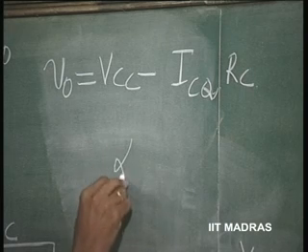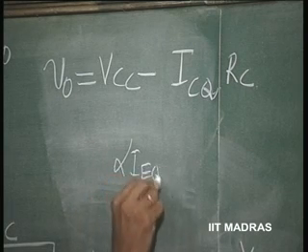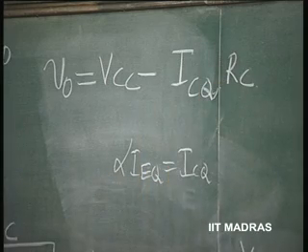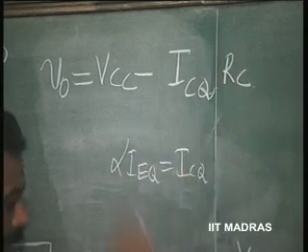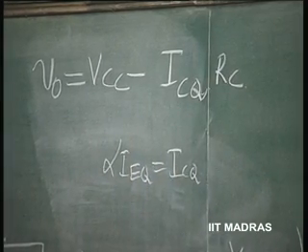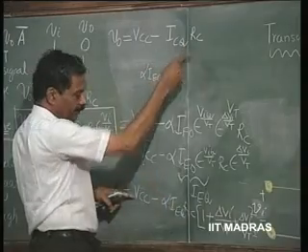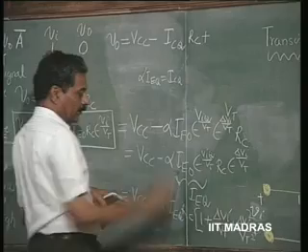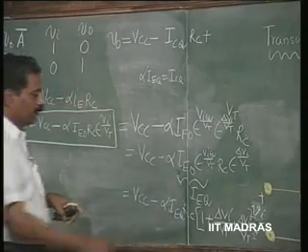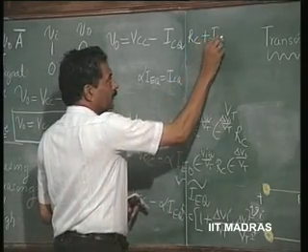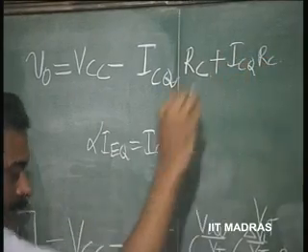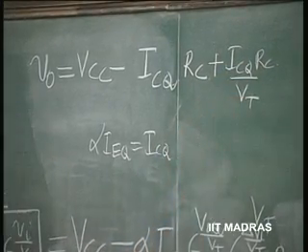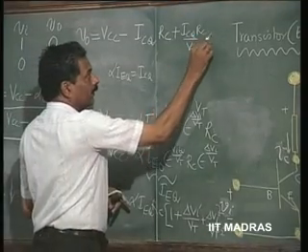So, VCC minus alpha IEQ RC is ICQ RC, plus ICQ RC by VT, I am taking it inside, into delta VI.